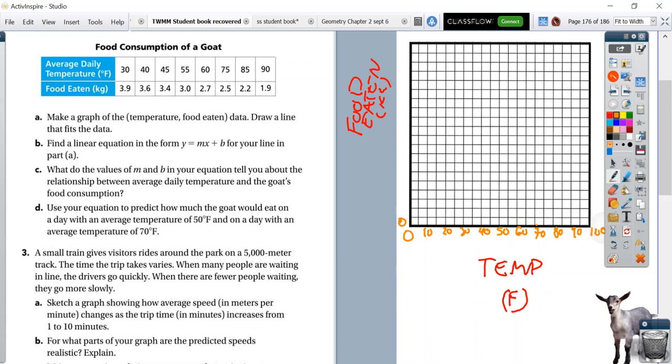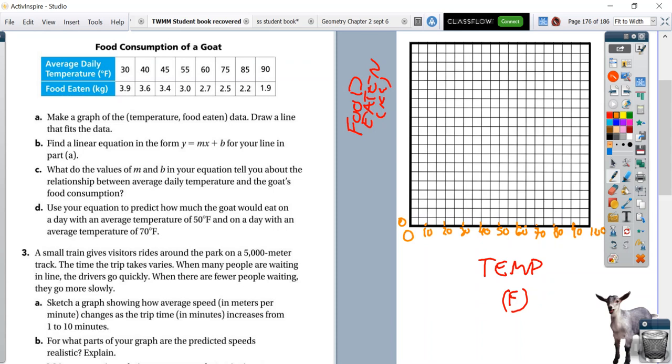That makes this 100. All right. So just want to make sure that each line is worth 5, and I'm only writing the tens. All right. So food consumption.